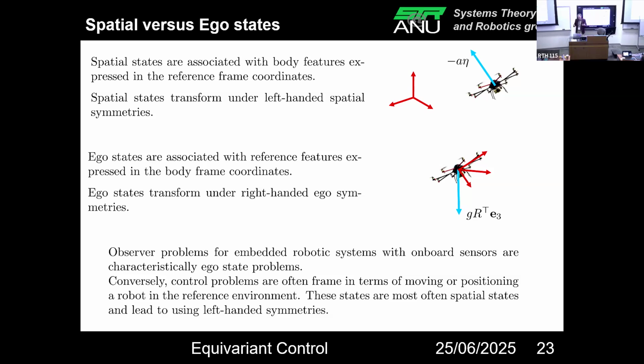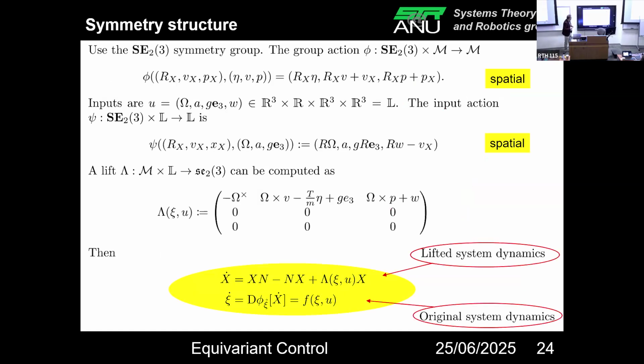When you study equivariant systems and look at the observer literature, almost everything's written down in right-handed symmetries. So all of my work is written down in right-handed symmetries. I've really composed it over the years to try and get the community to go that direction. When you start doing control problems, you're dealing with spatial states, and you have to use left-handed symmetries to get things to work. So this is a symmetry that I'm going to use.